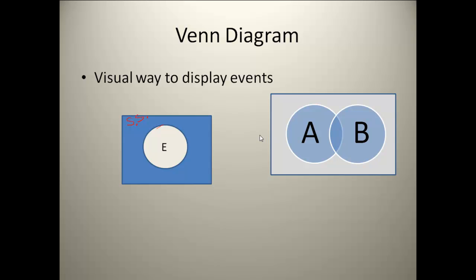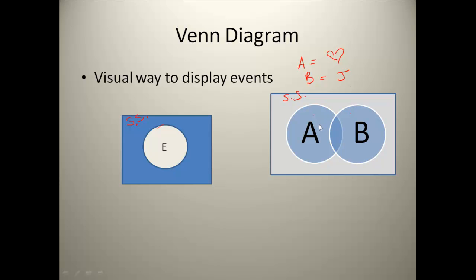Now if I have a diagram that looks like this, we're talking about 2 events. I still have my sample space. It's very important that you always have your sample space. And I have 2 events, A and B. Let's say that event A is drawing a heart from a deck of cards, and event B is drawing a jack.